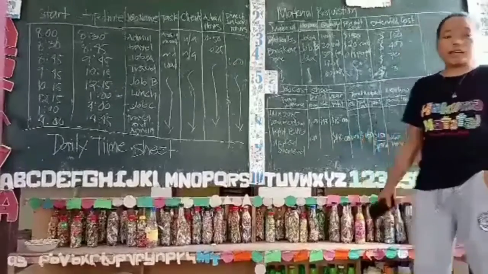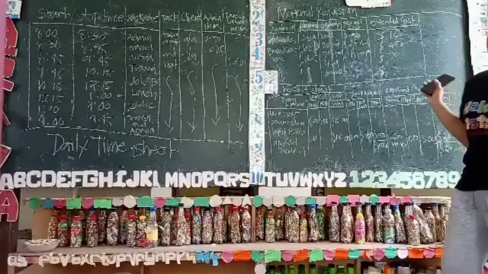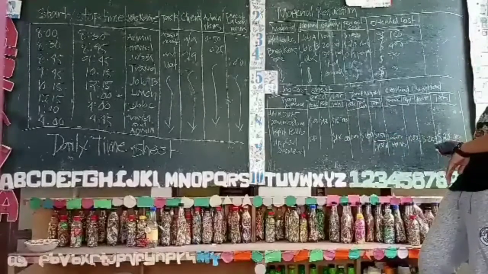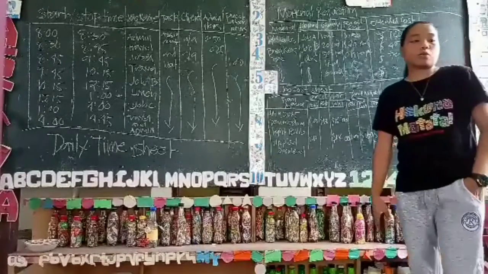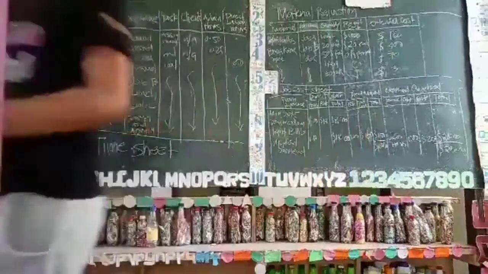And lastly, for the applied overhead, we multiply the quantity or the labor hours by the rate of $20. And that will be my report for today, and thank you. God bless everyone.